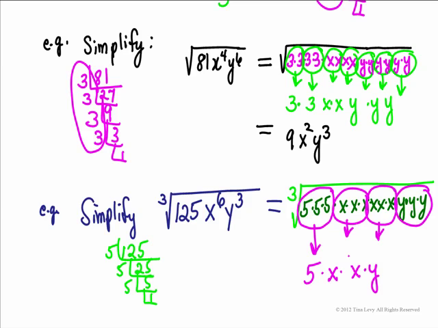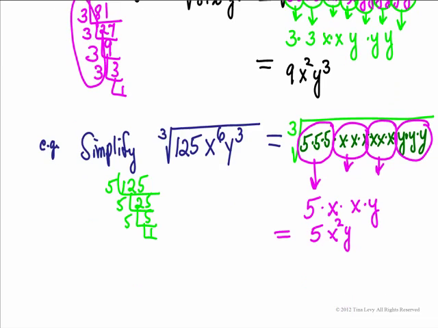So the final result, having simplified this, is 5x squared y. That's the cube root of 125 x to the 6 y cubed. These worked out very nicely because 125 was a perfect cube, and with x to the 6, you could get triples out of 6 of those, and y cubed.